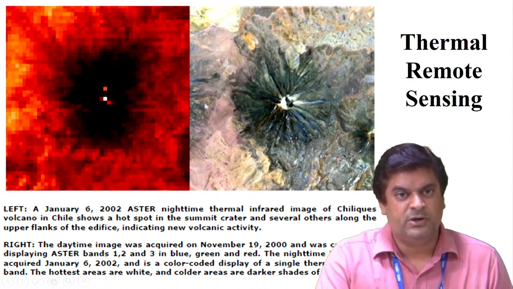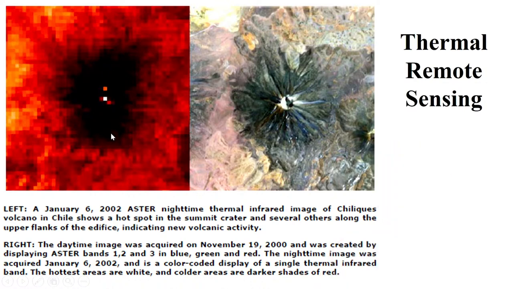Now when we come to the thermal data set, this is only one band of the data set, and in this band the color information is provided according to the values.